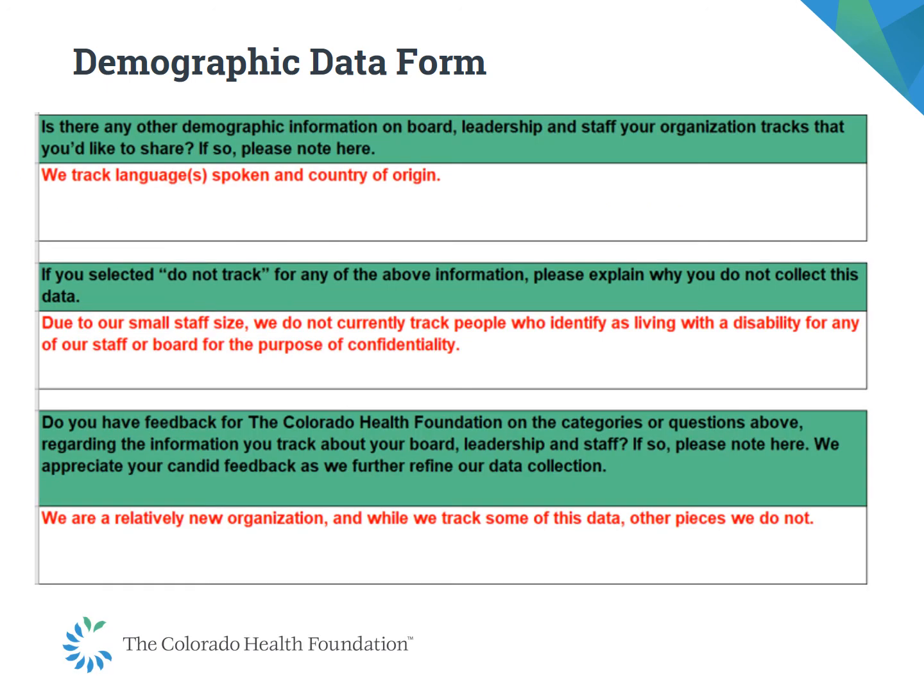Below the table of demographic data, there are a few narrative questions that you can complete as needed. If there is any additional information to share or an explanation to why something is not tracked, you can include that here. And here again, this is just a snapshot of that sample that we provide with the form, which you'll find within the application documents.